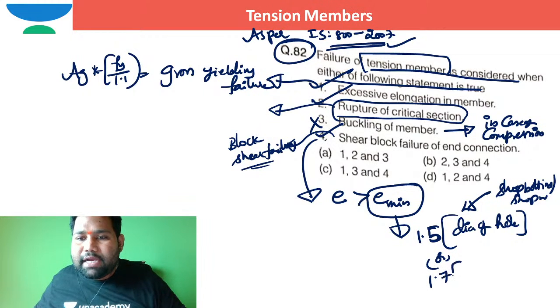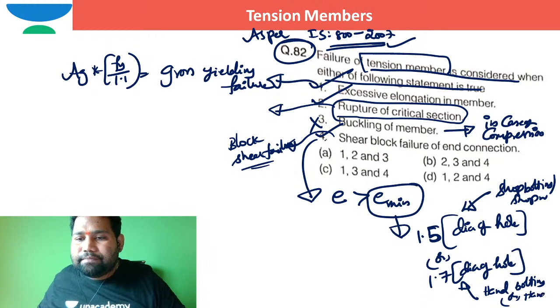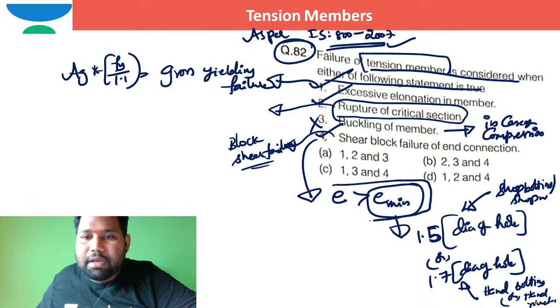It is 1.7 times the diameter of the hole when done by hand bolting or hand riveting. Right? So when the edge distance provided is more than the minimum edge distance, we can stop this block shear failure.